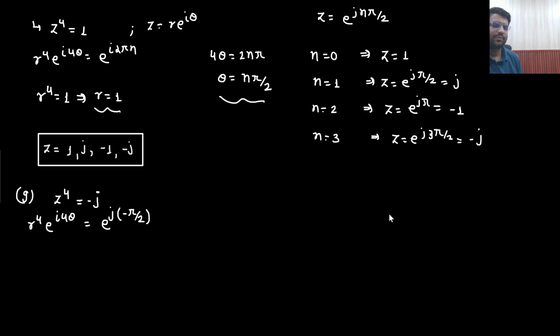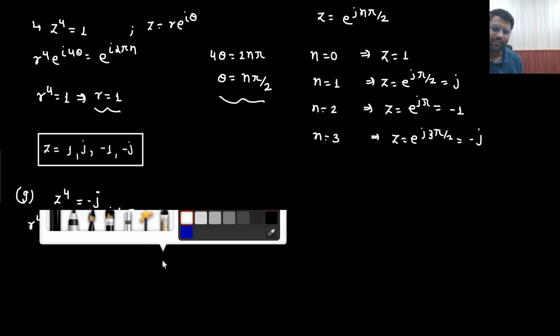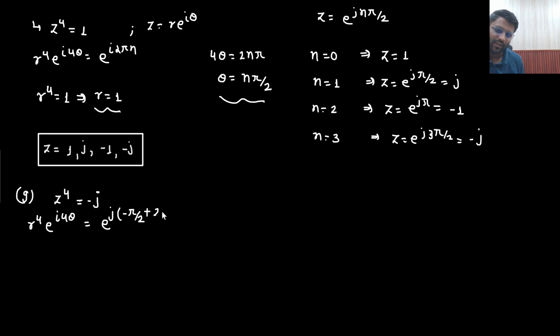Say yes or no? What is your minus j? Minus j means making an angle of 3 pi by 2, or you can say making an angle of minus pi by 2. So minus j is nothing but e to the power minus j pi by 2, but it will be periodic with 2n pi. So here I will put plus 2n pi.